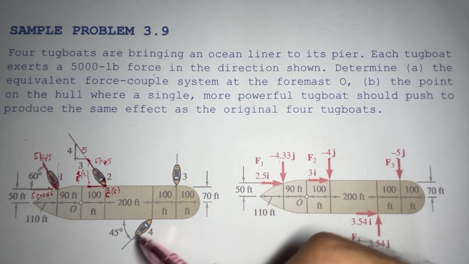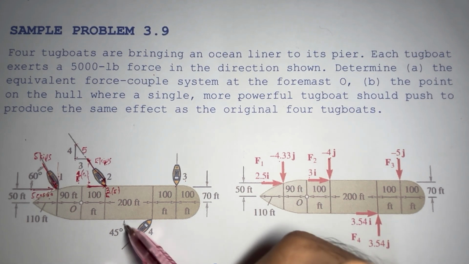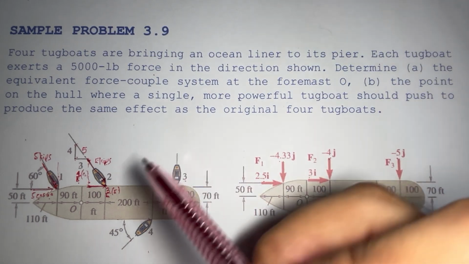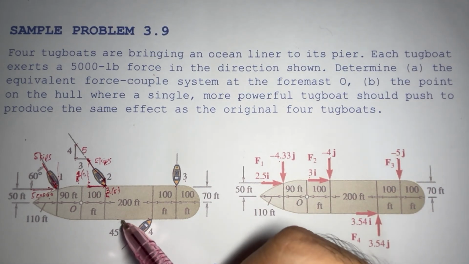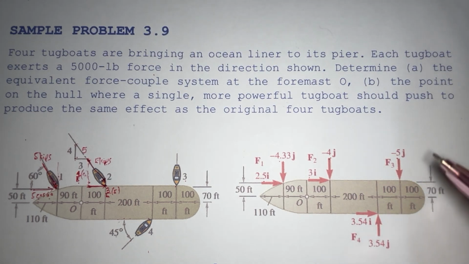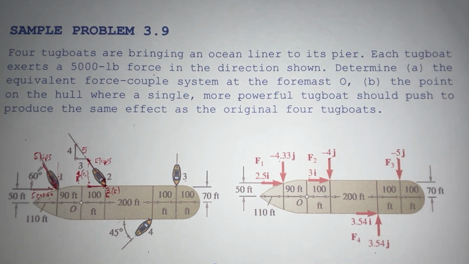So how about tugboat 4? This one here is at angle 45. So to get the x component, we have cosine, and for the vertical, we have sine. So 5 cosine 45 is equal to 3.54. And for 5 sine 45, we have here 3.54.